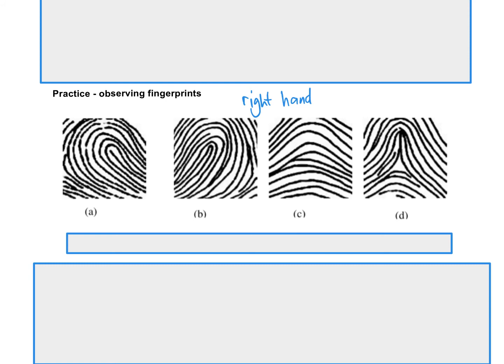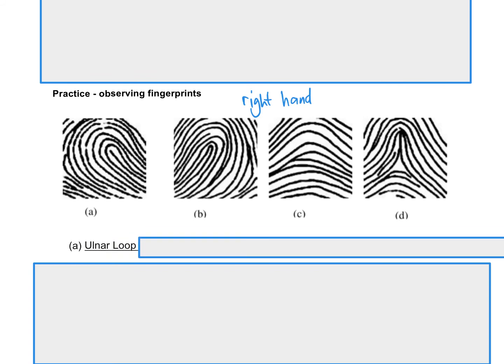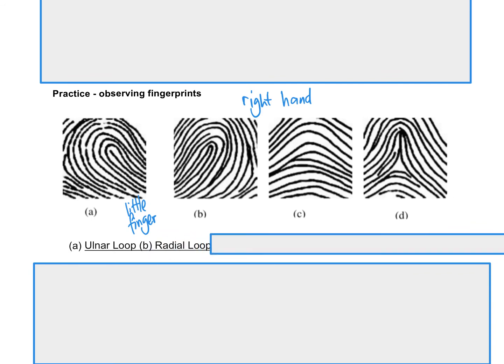Okay, now for A, if this is the print that is produced by the right hand, you would notice that it actually loops to the little finger. So this would be the ulnar loop. As for B, because it loops in the opposite direction, it will be the radial loop.